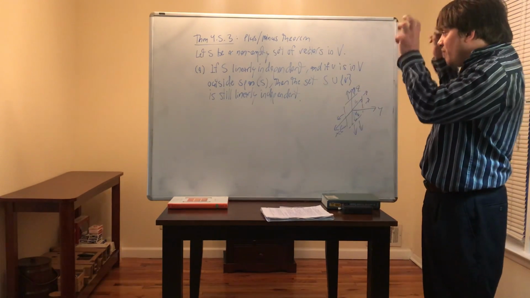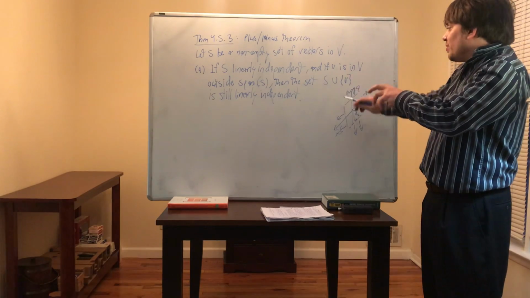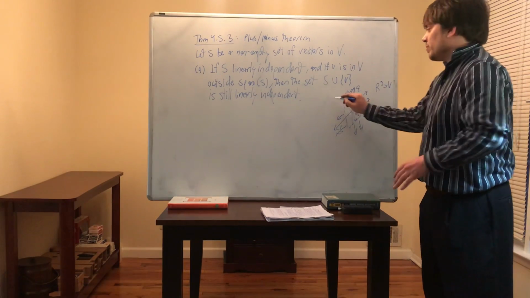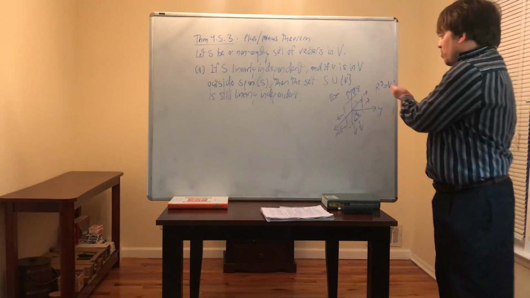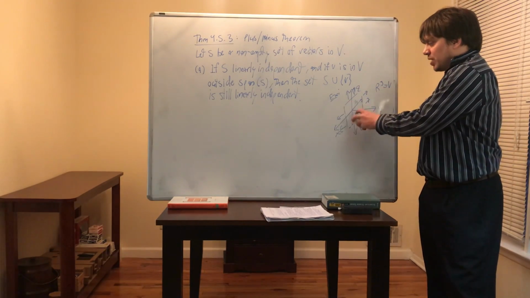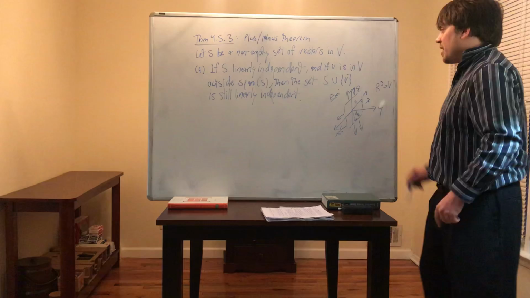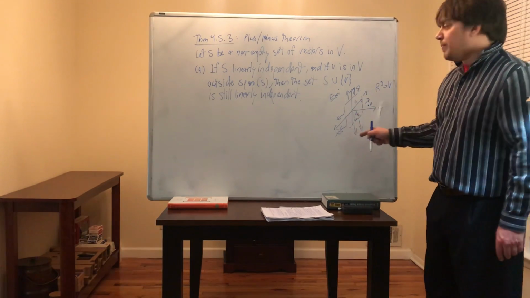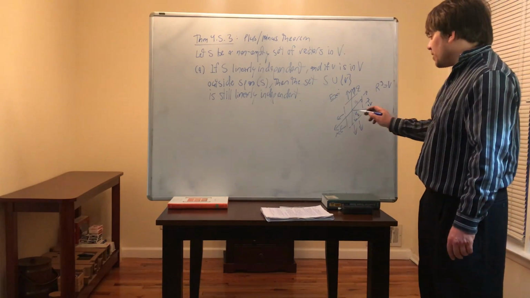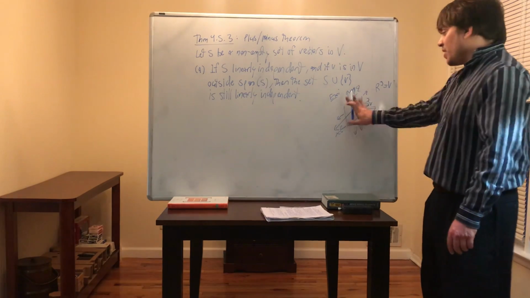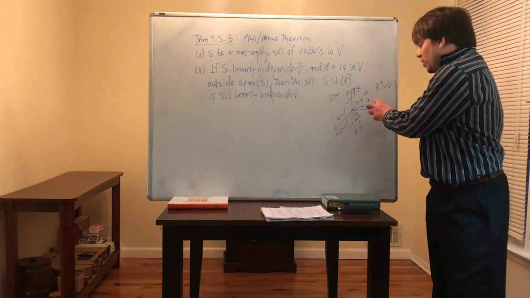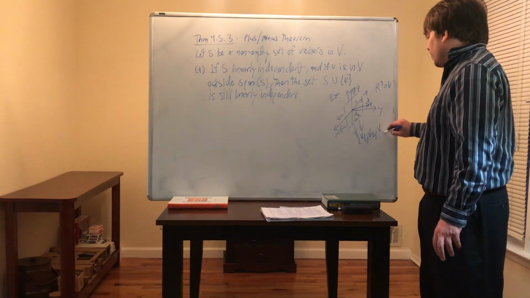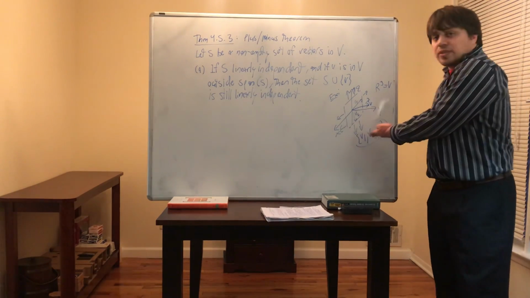If I take a vector v that's in my vector space, this is an example illustrating it. If my vector space is R3 in this example, and the span of v1, v2 is here, and if I take a little v that's not on the plane, then if I were to take the vector v that doesn't lie in that plane and add it to the set v1, v2, that set would be linearly independent.